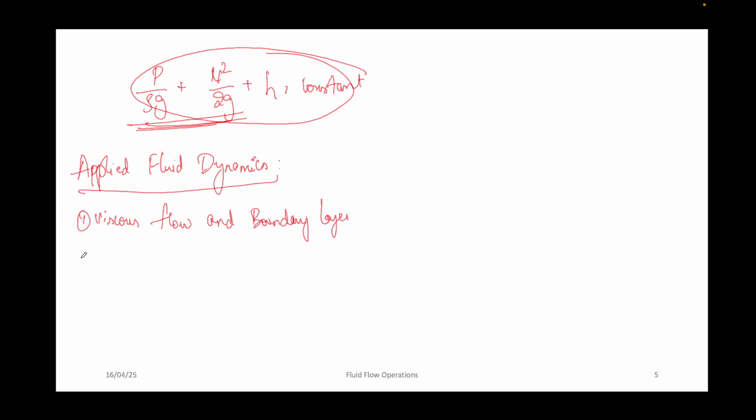And coming to some of the highlights that we discussed in this topic, we also discussed the Hagen-Poiseuille equation, which is again an important equation which helps in calculating pressure drop in a pipeline.